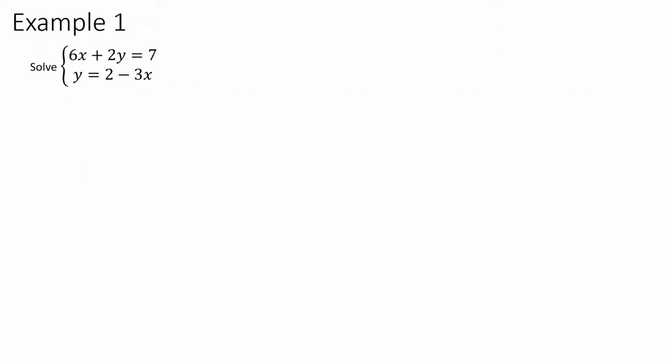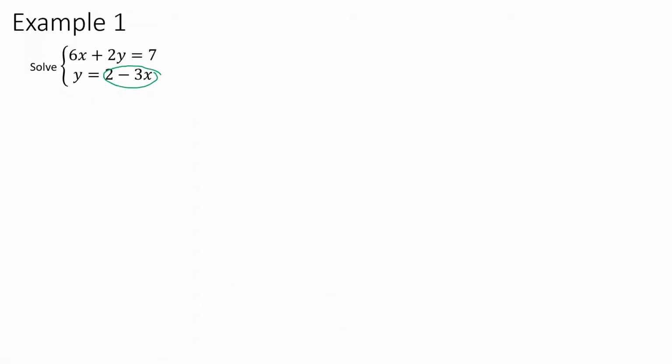Example 1, we're going to solve that system of linear equations, and we're not told which method to use, so we can use whatever method is most efficient. And I claim that the substitution method is most efficient because we already have a variable solved for, y equals.